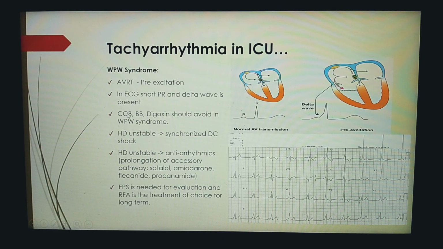Some important tips here: we should not prescribe calcium channel blocker, beta blocker, or digoxin in case of WPW syndrome. And whatever the rhythm, if there is hemodynamic instability, that means if there is an arrhythmia with shock, then we should go for DC cardioversion for any kind of rhythm abnormality, except for atrial fibrillation if it is more than 48 hours.